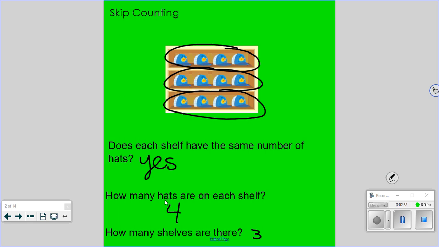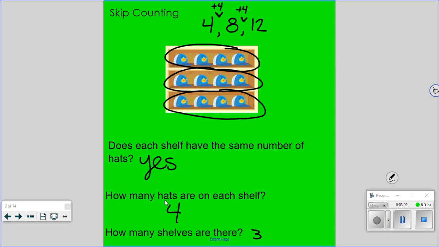I want you to write this part in your notebook. So we have 4, skip count another group of 4, which is going to get us to 8, and then another group of 4, which is going to get us to 12. I knew this because in between these numbers is a distance of 4 numbers. In between these 2 numbers, it's a distance of 4 numbers.